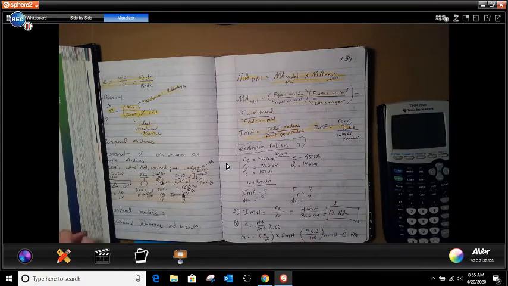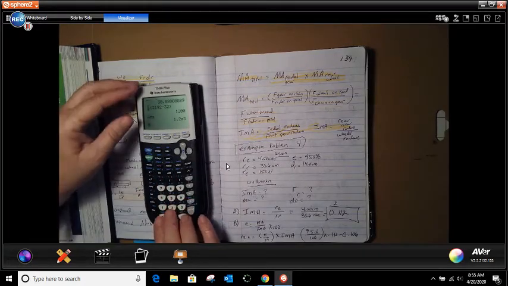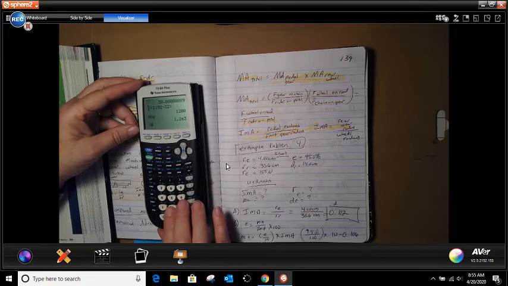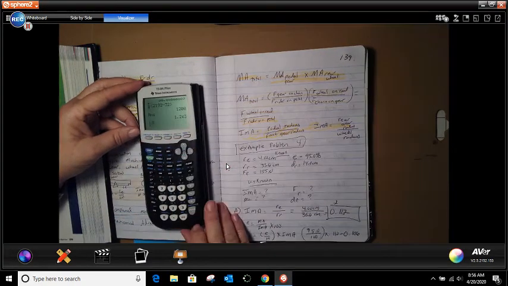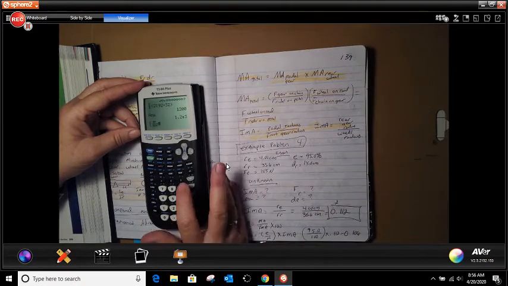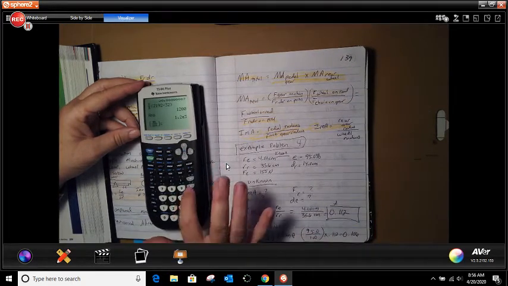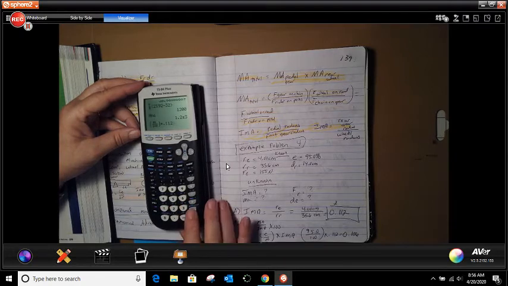To get our number, if we were doing it in a calculator, we would have an open bracket, then 95 divided by 100, close bracket, and then times that by our 0.112, enter.